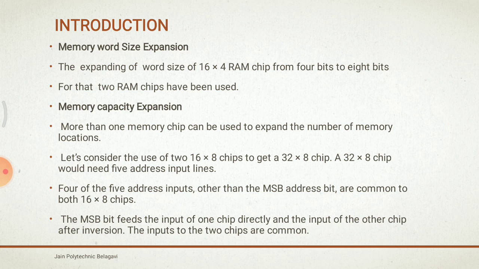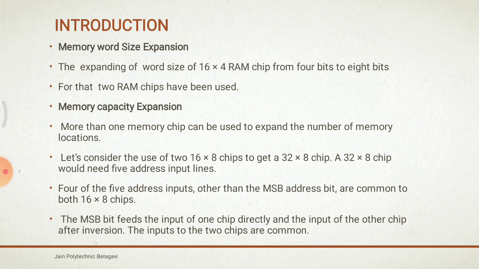Now the first half of the memory locations, corresponding to the address inputs 00000 to 01111, is a total of 16 locations. The MSB bit is 0, with the result that RAM 1 is selected and RAM 2 is deselected. For the remaining address inputs, 10000 to 11111, RAM 1 is deselected and RAM 2 is selected, again a total of 16 locations.